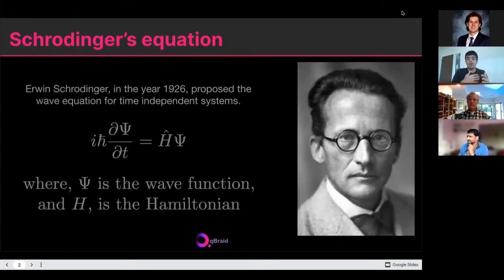For those who are not, in quantum mechanics, rather than having the state of a particle given by position and momentum, you specify a function called the wave function, which tells you the probability of finding the particle.